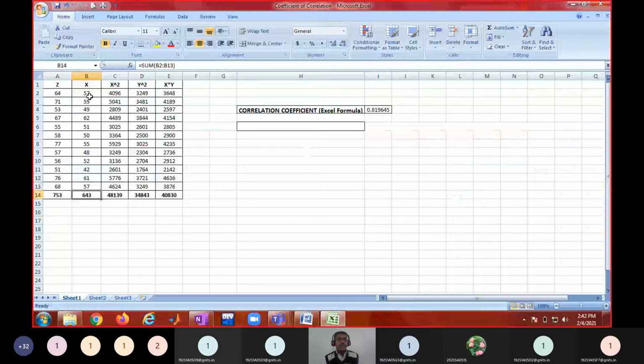57, okay? So you got the correlation coefficient for RZX. What is this value? Shall we write it as 0.82? We shall round off to 2 decimals. 0.82, okay?